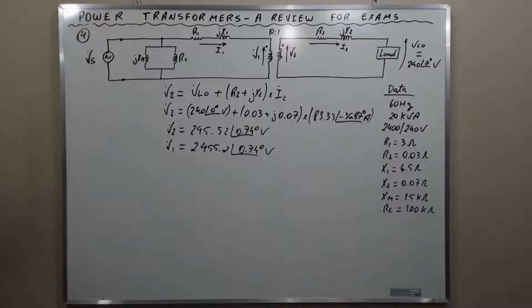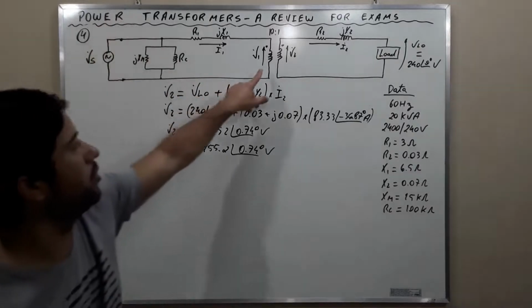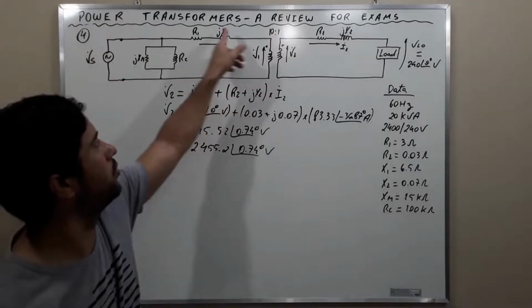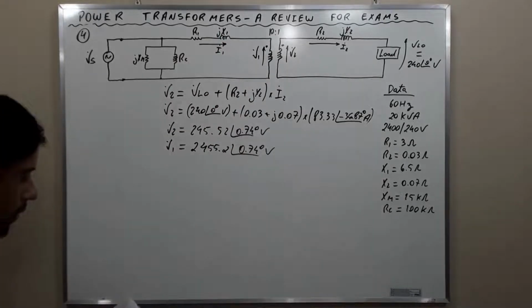Now to calculate the voltage of the source, we use the primary winding impedance, okay? Because this voltage here is going to be this voltage plus the voltage drop along the impedance of the line.